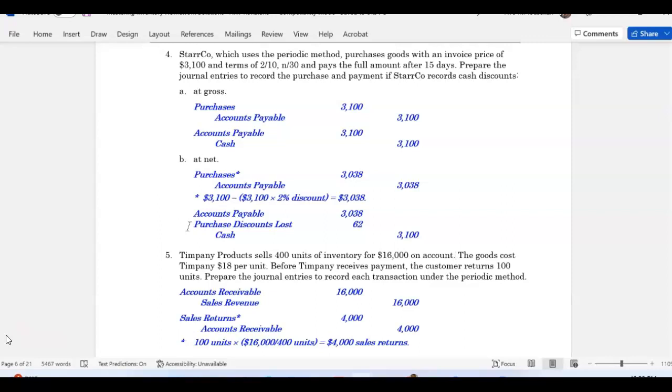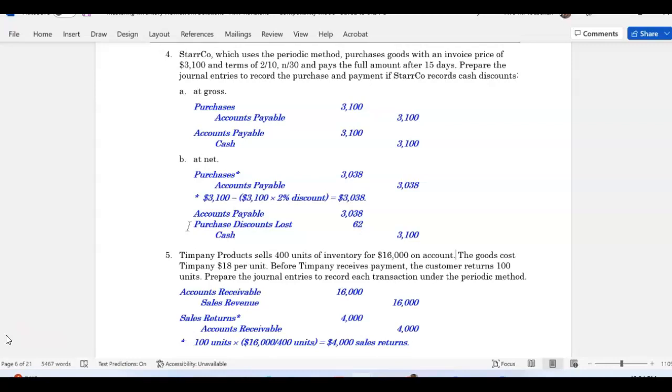Purchase discount loss is also a contra account to purchase. It's not a contra account. Technically, it will be added to the purchase at the end of the year. So whatever your purchase is, purchase discount loss will be added to the net purchase. So what would be, one more time, added to the net purchase?